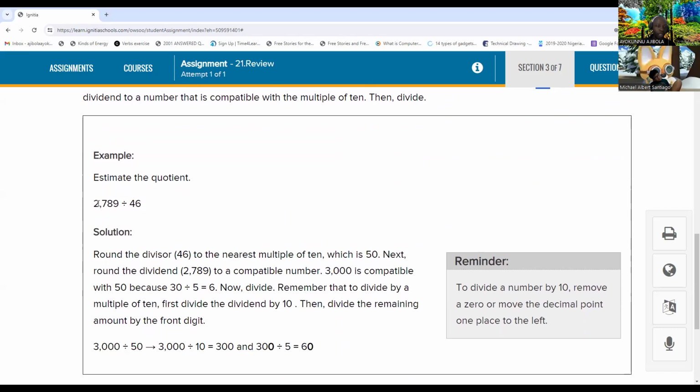Round 2,789 divided by 46. We want to estimate the answer. So 46 to the nearest 10 is 50, okay?